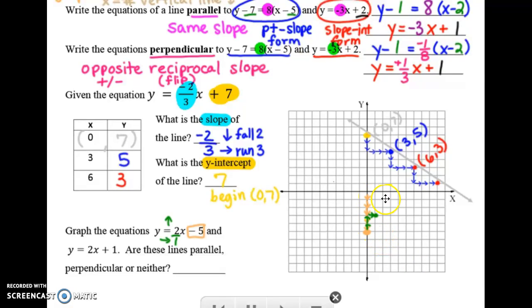Repeating the pattern, up 2 and right 1, up 2 and right 1. It's easier if I thin out the pen so you can see the points. Now that I have several points plotted, I can connect them using a line tool, as you can connect them using your ruler.